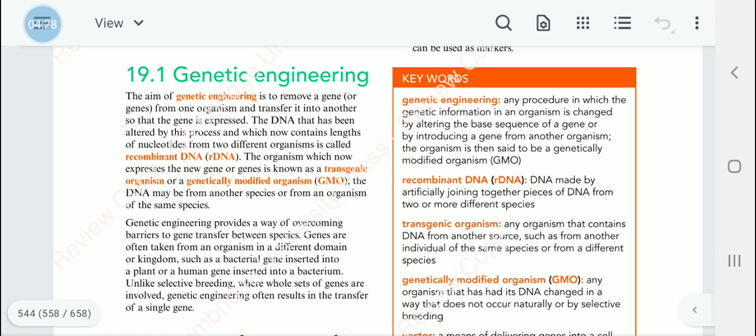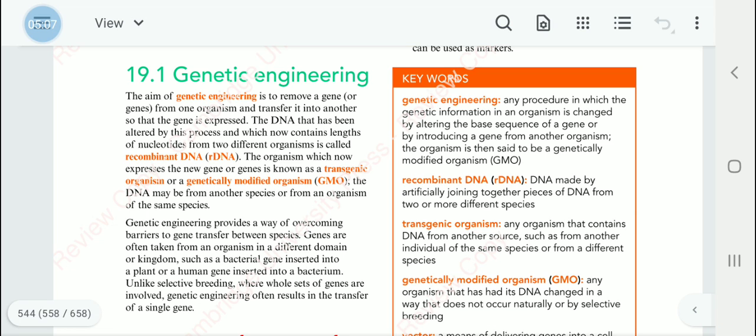So in genetic engineering, the main focus is to remove a gene or genes, right? You remove a single gene or genes from one organism and transfer it to another, so that particular gene, that quality, is expressed. So we take a useful gene from one organism and transfer it to another organism.